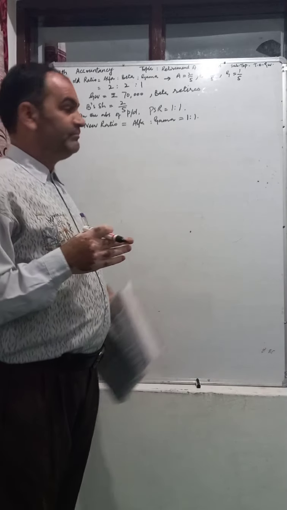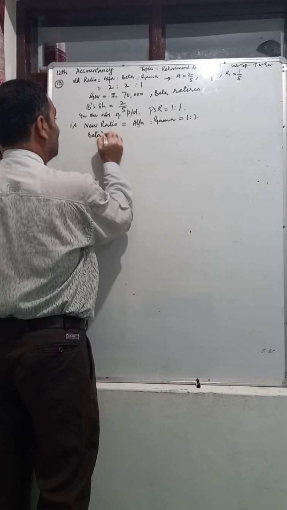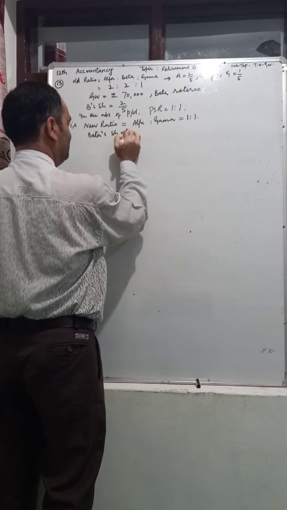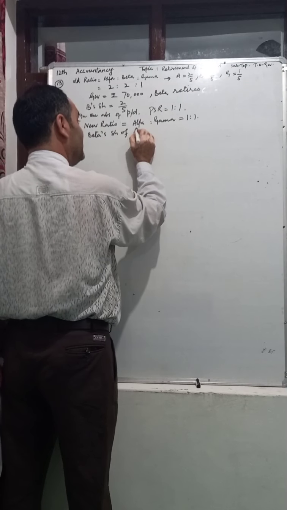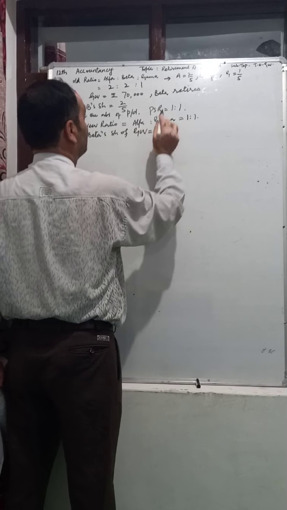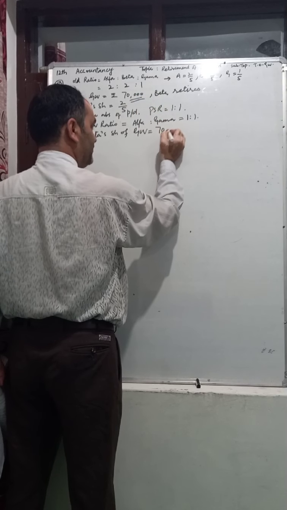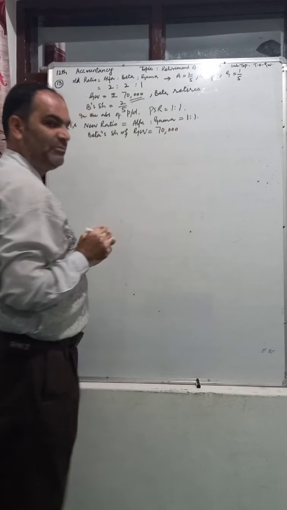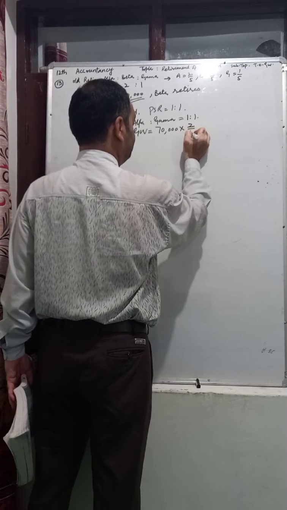Here we know that Beta's share is 2 by 5, and Beta's share of goodwill is equal to this 70,000, that is the total amount of goodwill, into Beta's share, that is 2 by 5.